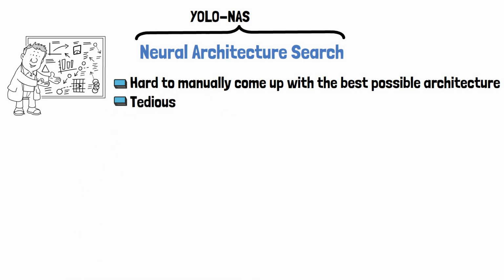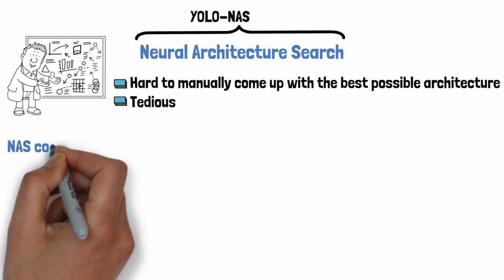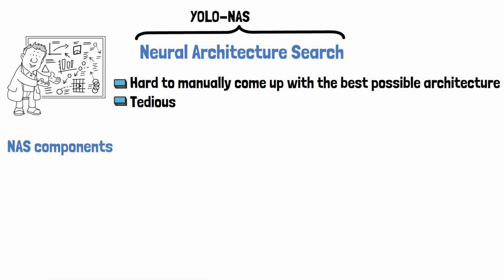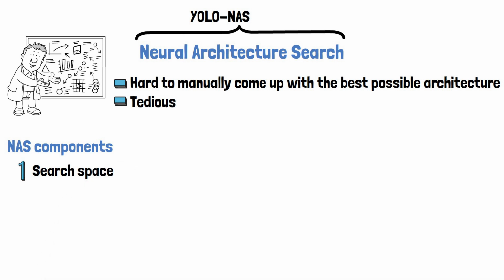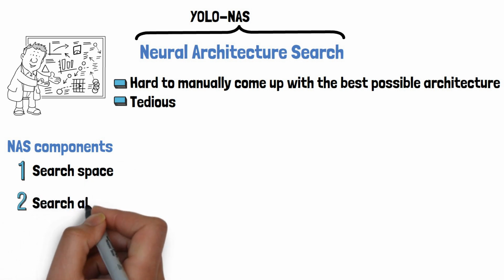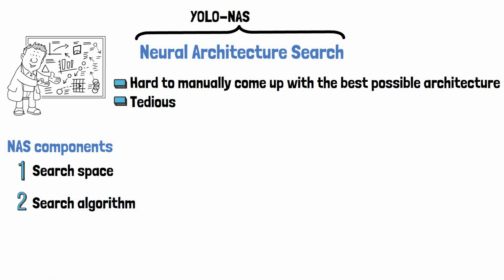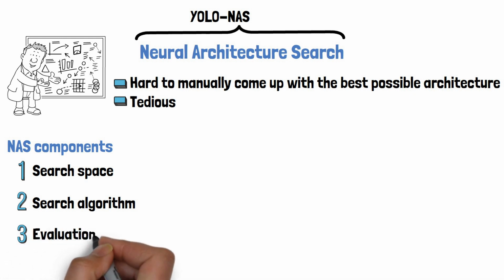As a result, Neural Architecture Search was invented, and it includes three main components. A search space, which defines the set of valid possible architectures to choose from, a search algorithm, which is in charge of how to sample possible architectures from the search space, as there is no way to try them one by one, and an evaluation strategy, which is used to compare between candidate architectures.